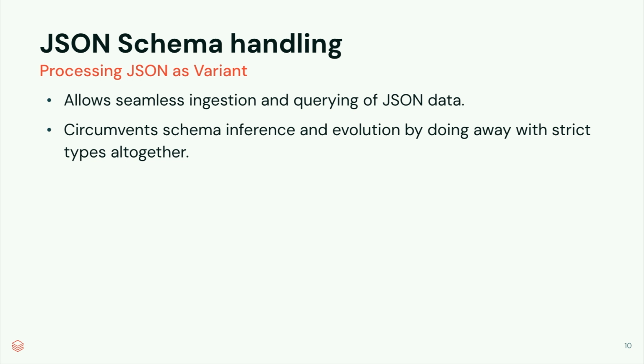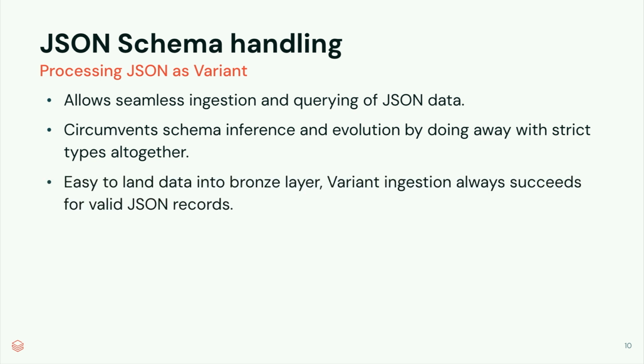You basically ingest it as variant. Using variant, it's very easy to land data into your bronze layer in Databricks. The reason is when you read JSON data as variant, your ingestion always succeeds as long as it is a valid JSON record.